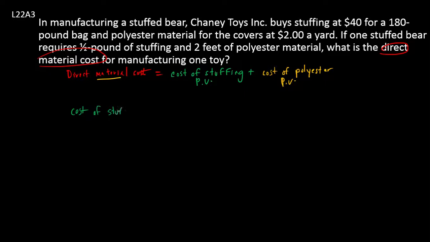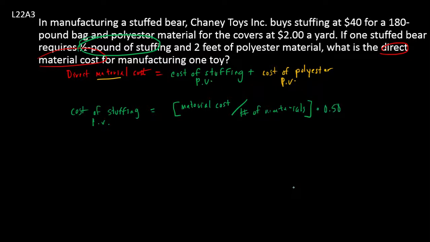The cost of stuffing per unit is going to be equal to my material cost divided by my number of materials and multiplied by 0.50, half a pound of material needed, since I need half a pound of stuffing per bear.